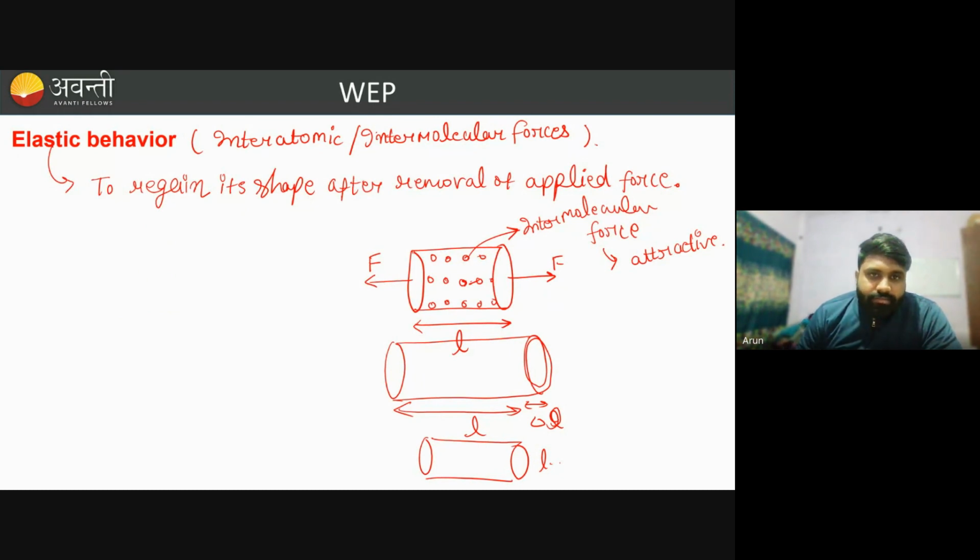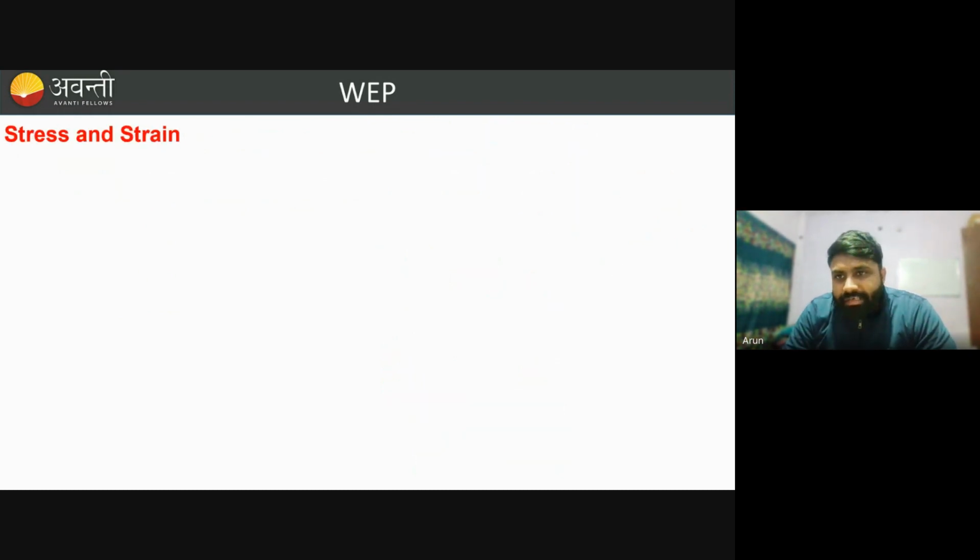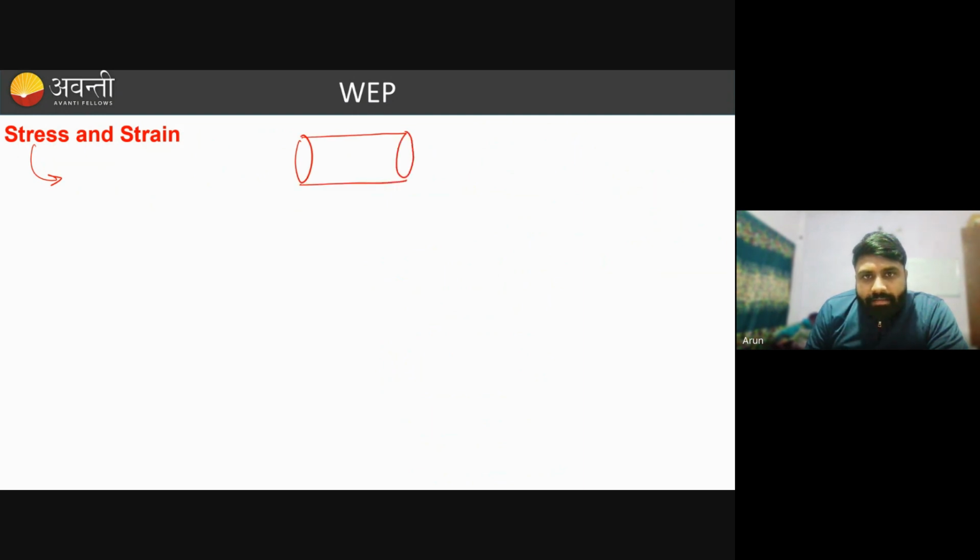Okay, now what is stress and strain? So simple definition wise, what is stress? When you apply the external force to any particular shape, we have considered a rod of length L, and we have applied a force F perpendicular to the cross section. Okay, got it? So stress is defined as force per unit area. Now, there are three types of stress we have.